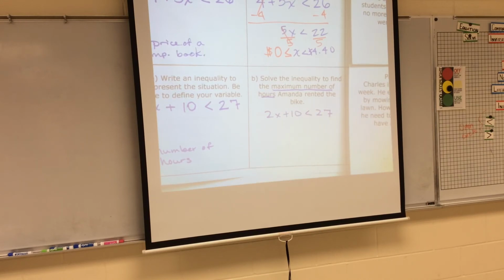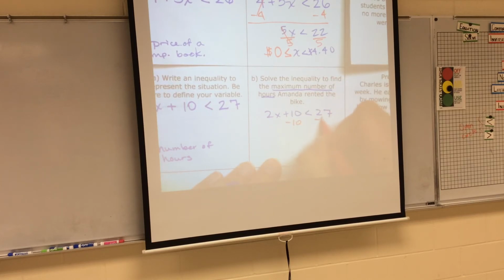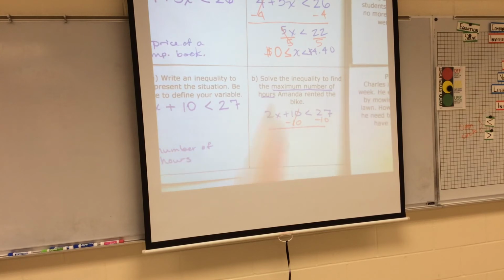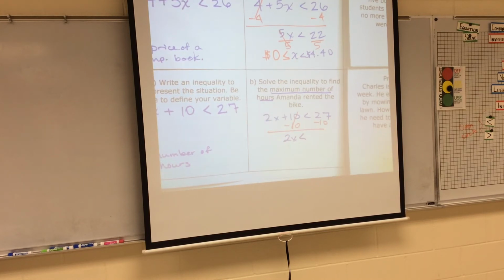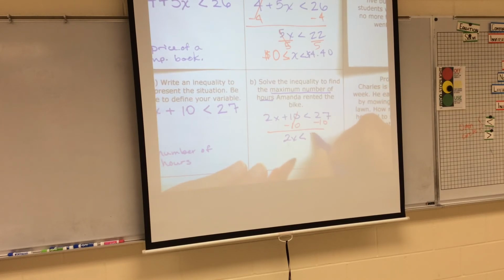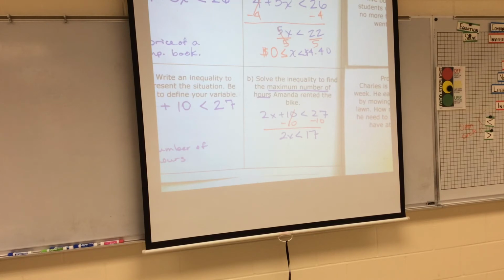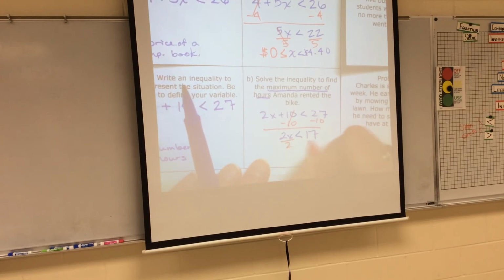So what do I do first to solve for x? Subtract 10. So I'm going to have 2x is less than what? 17. And then divide by 2. Y'all got it.